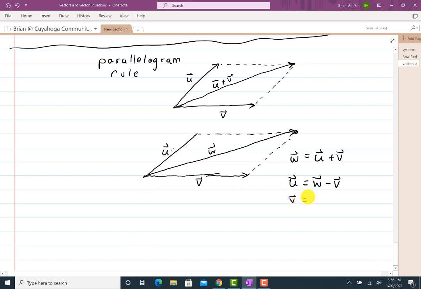V can equal W minus U. And you can see when I look at V is equal to W minus U, so they can all be tracked, if you will, in the parallelogram rule. Now, you may have seen an alternative to adding vectors like this.